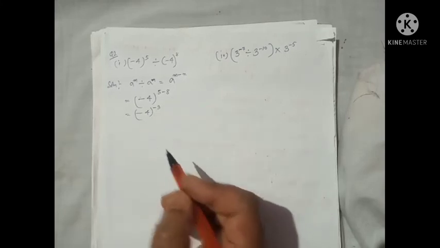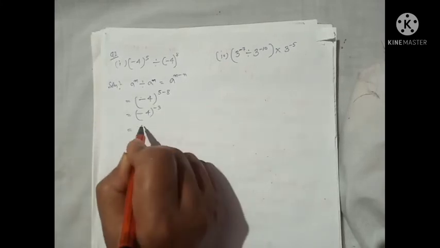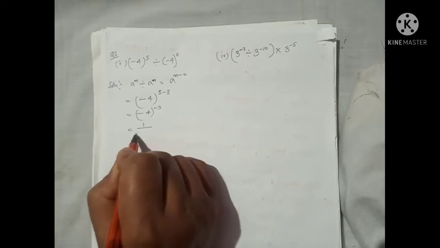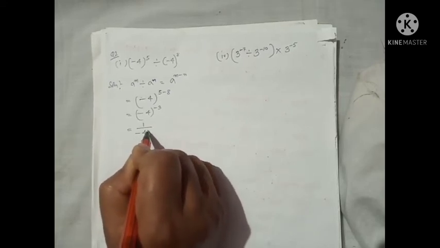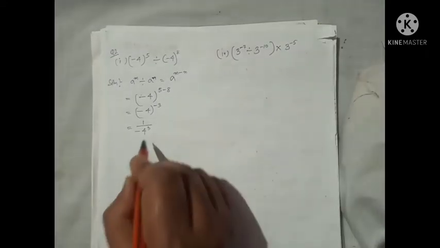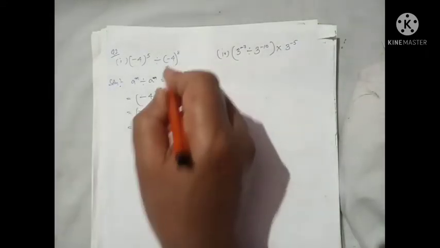Here comes 1 divided by minus 4 to the power 3 as the answer. This is the answer for Roman number 1.